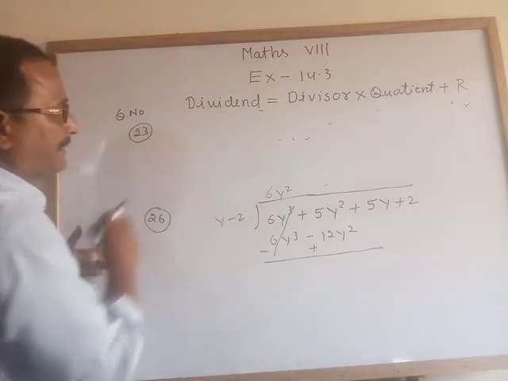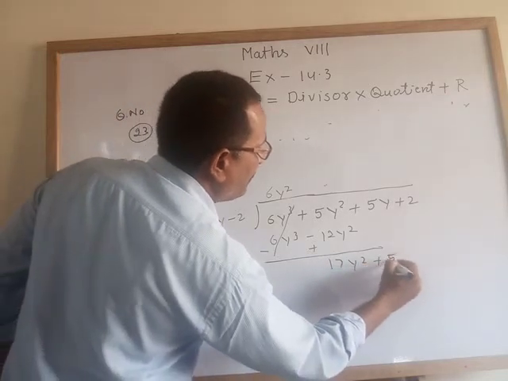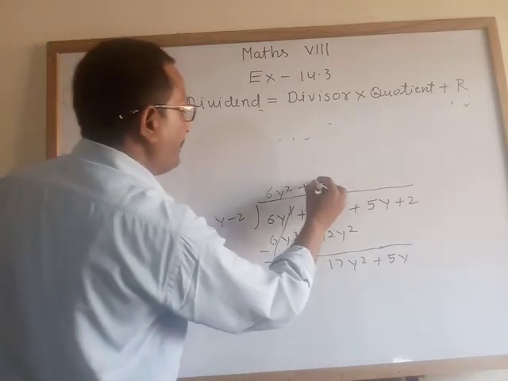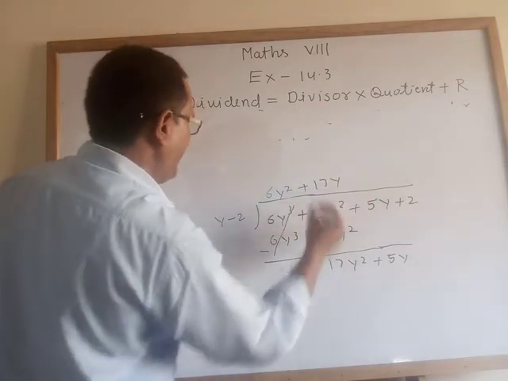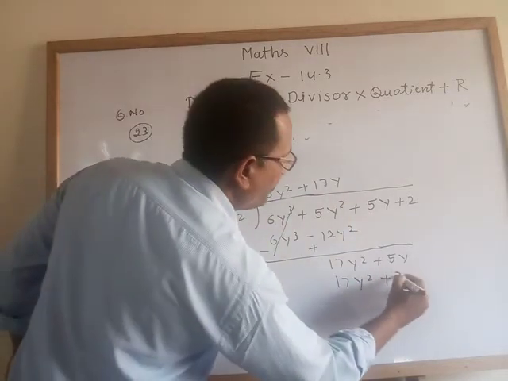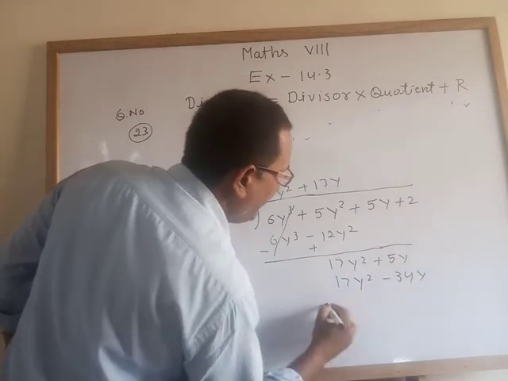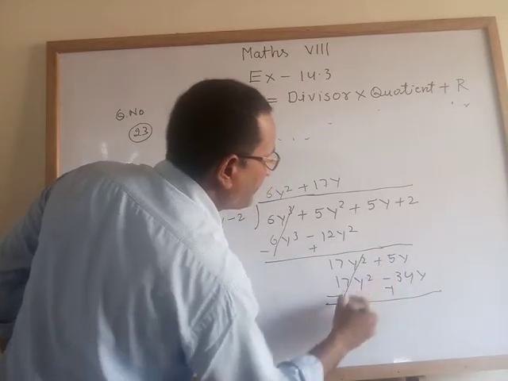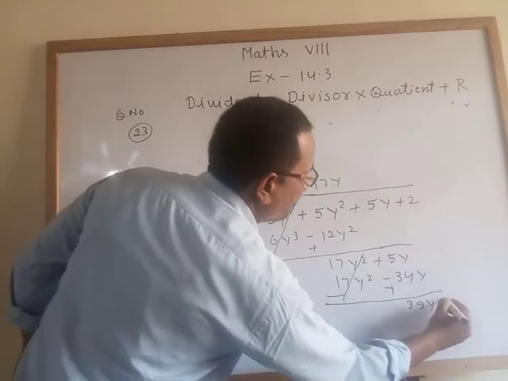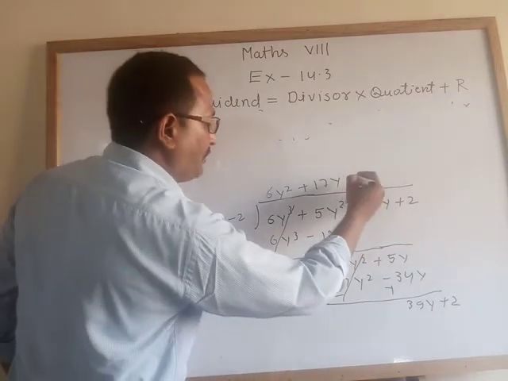Now you can see that 17y square plus 5y. Again first term divided by first term, it will be 17y. 17y square minus 34y. Again you subtract, minus here plus, cancel. 39y plus 2. 39y divided by y will be 39.